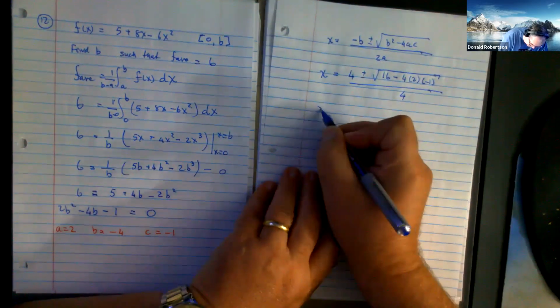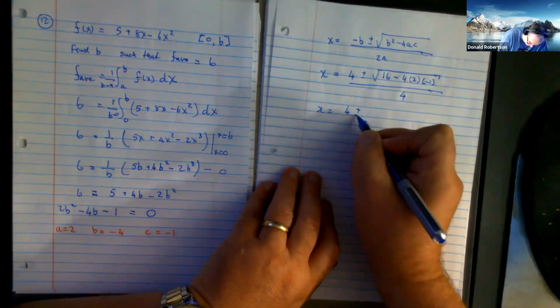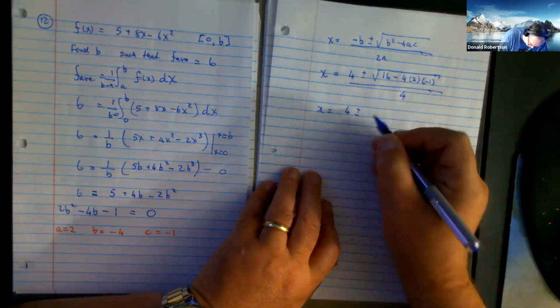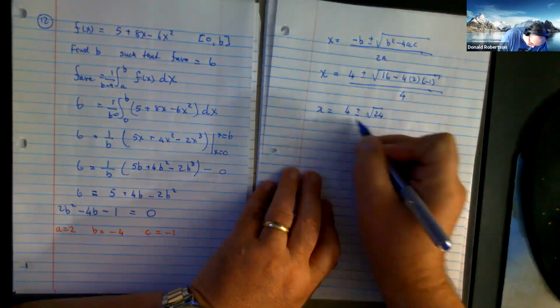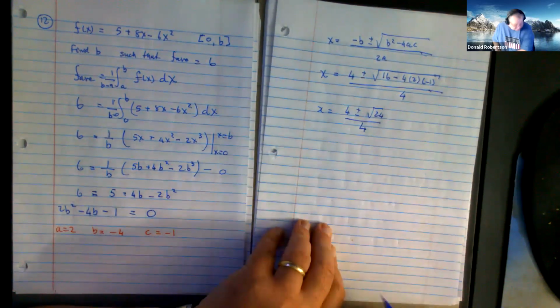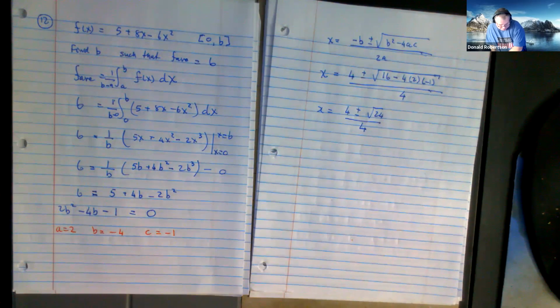So it's going to be 4 plus or minus the square root of 24 over 4. It's good, right? Can we make it better?